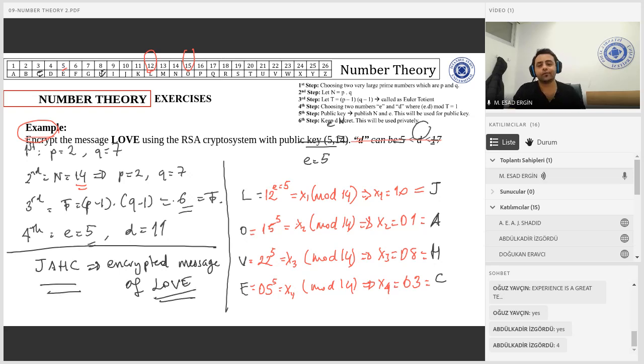Okay, this is the answer. And we found the D, and also we encrypted the message of love as here.